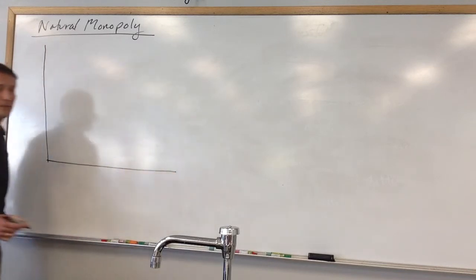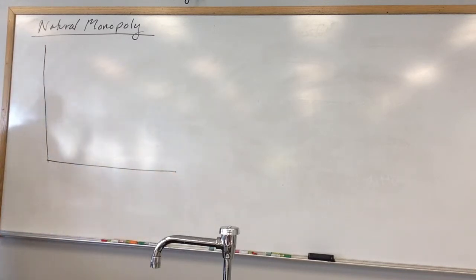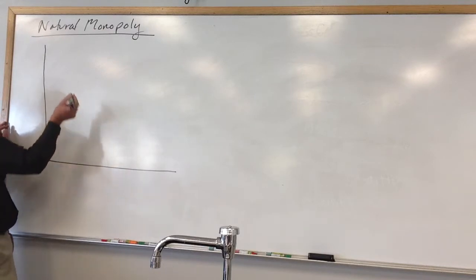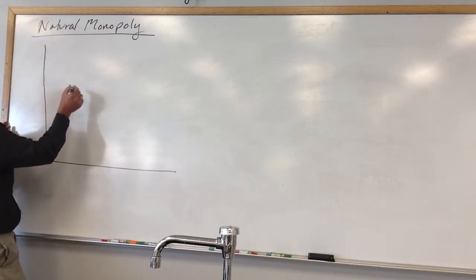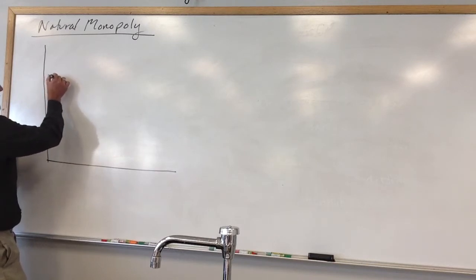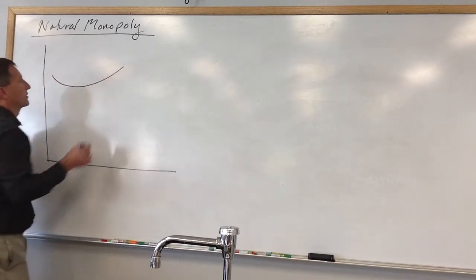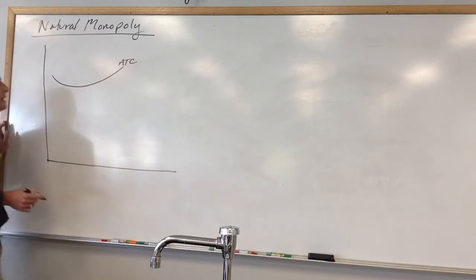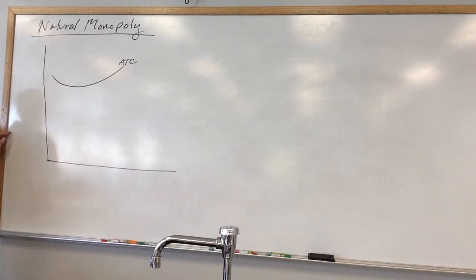So draw yourself a big graph. And imagine that we've got an industry where we've got 4 firms in it. So I'm going to draw just one average cost curve just to kind of help motivate this thing. So let's say that this is one average cost curve.